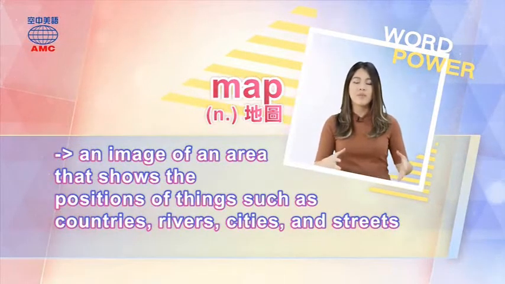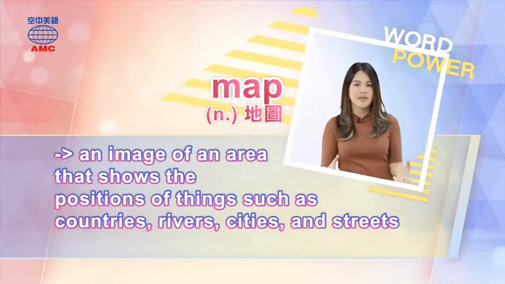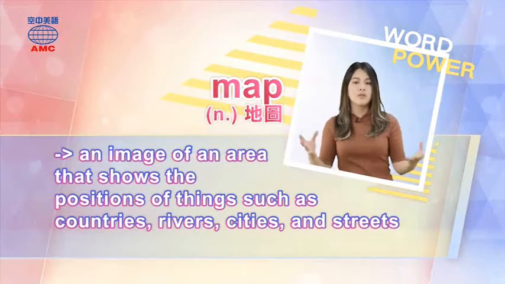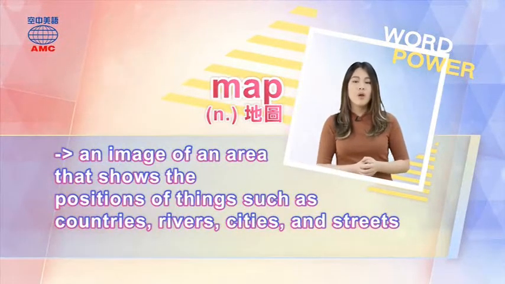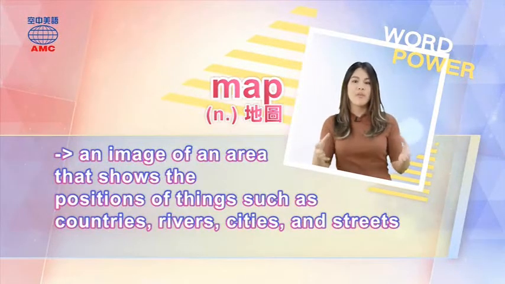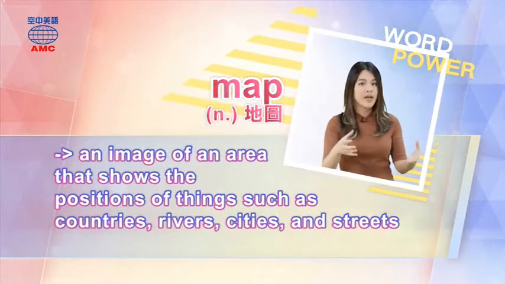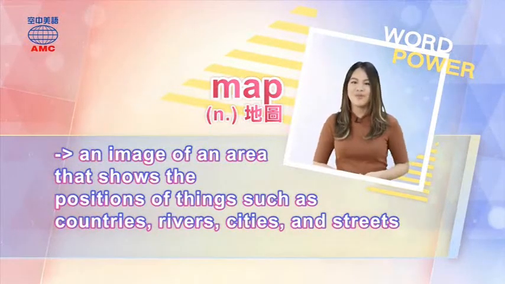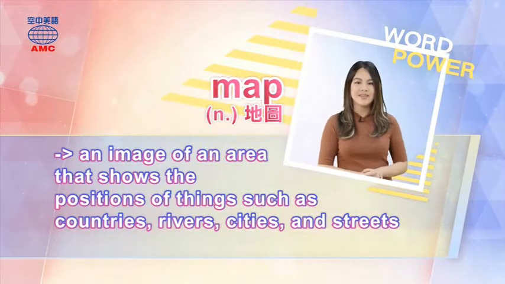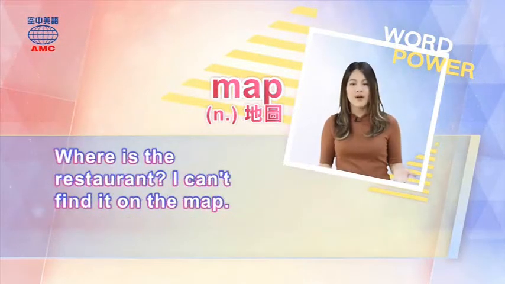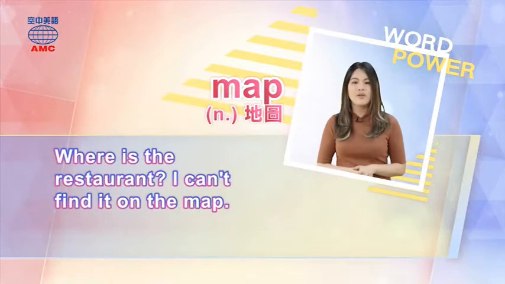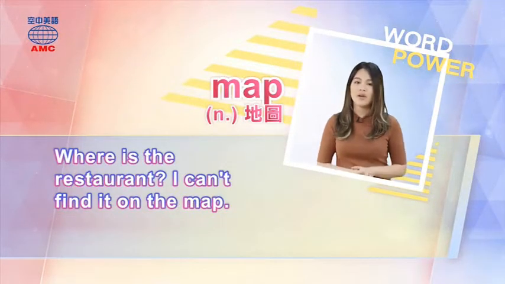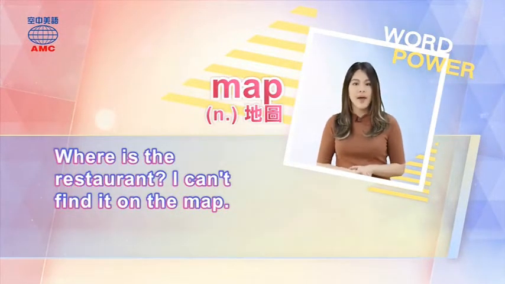So we can say a map of Taipei City, or a world map, a map of the world, or specifically a map of one country, for example, a map of Japan or a map of Taiwan. We can also use it in a sentence like this: Where is the restaurant? I can't find it on the map.